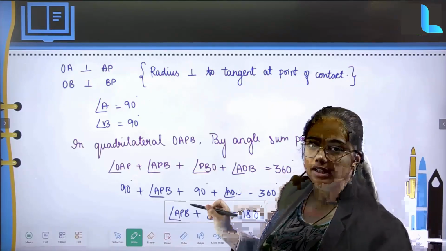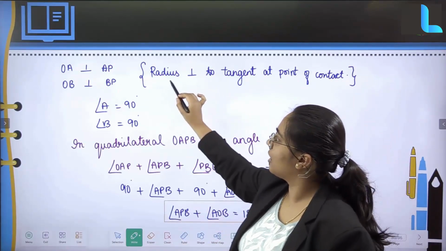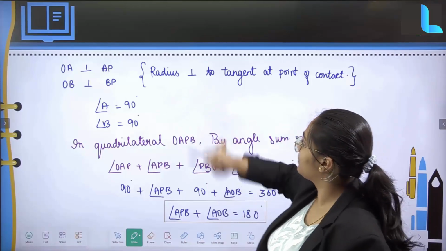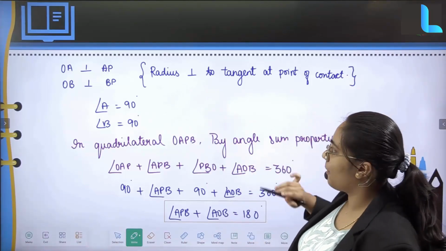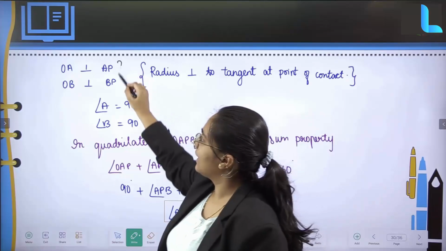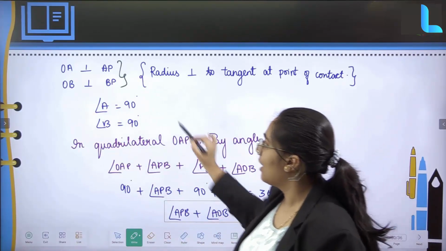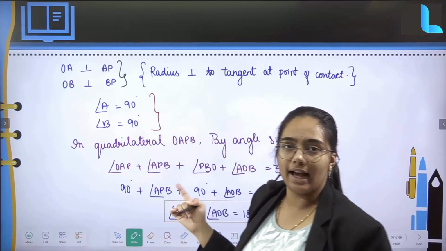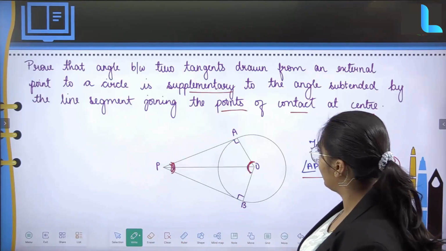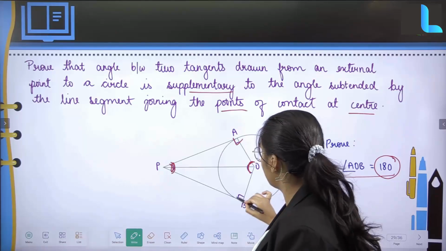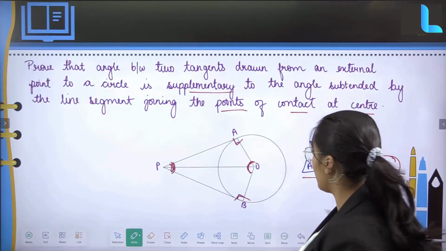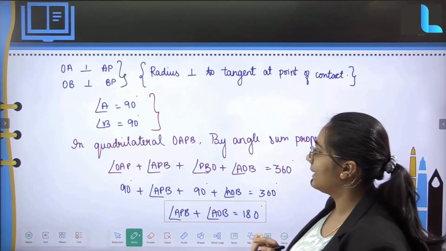Basically, how are we going to proceed with this? First and foremost, the radius is perpendicular to the tangent through the point of contact. From that I can tell my radius is perpendicular to the tangent, and I can write that. From that I will be forming an angle, that is angle A is equal to 90 degrees. These two things are what I will be forming first, which are going to be equal to 90 degrees.